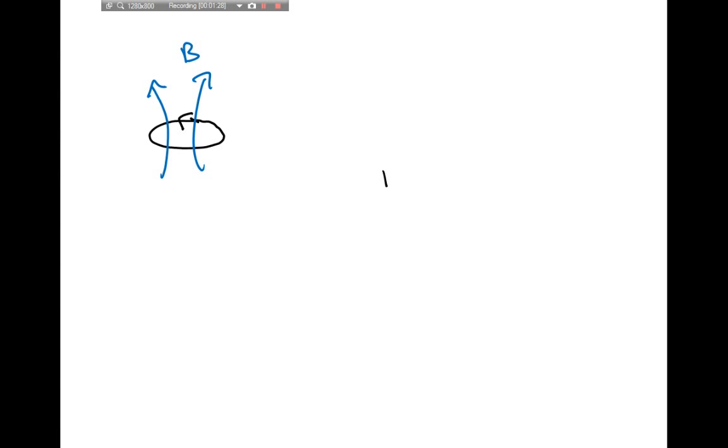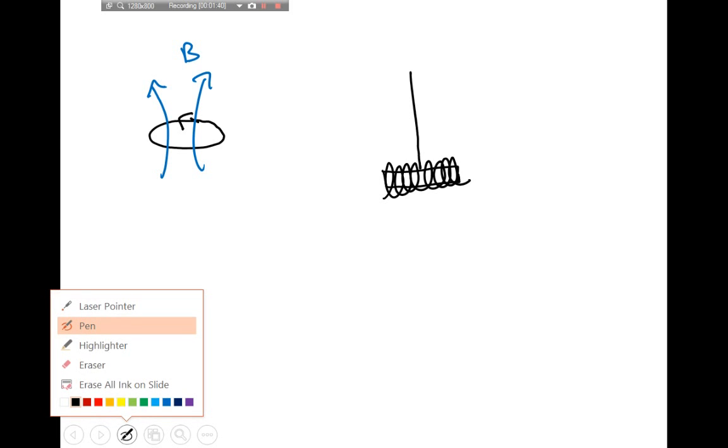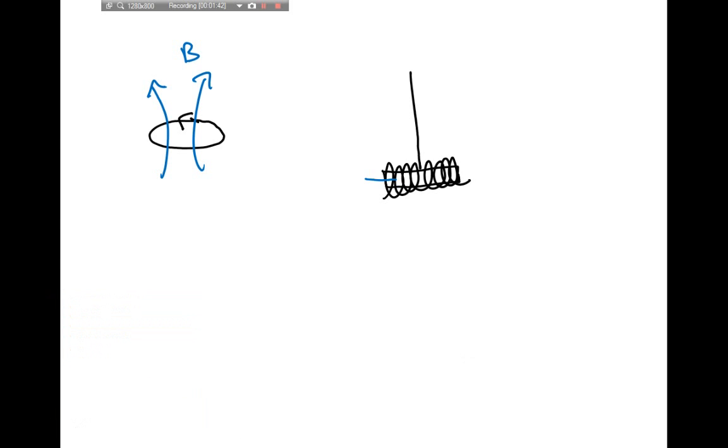So the way you build an ammeter is you take a block like this with a needle attached to it, and then you run current through a coil that goes through this block here. The current flowing through this coil is going to generate a magnetic field, and the strength of this magnetic field is related to the current flowing through the coil.